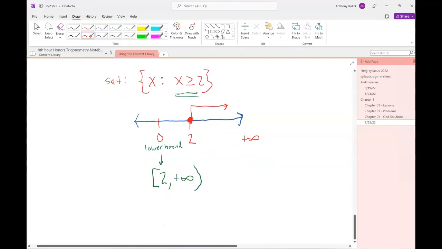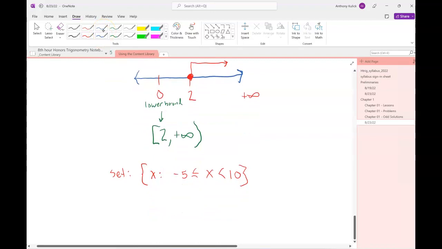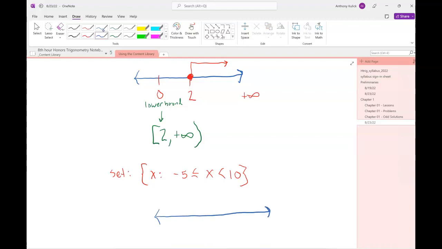Let's say we have the set of x such that -5 is less than or equal to x, which is less than 10. Again, I'll start by just sketching a picture of what I got here.